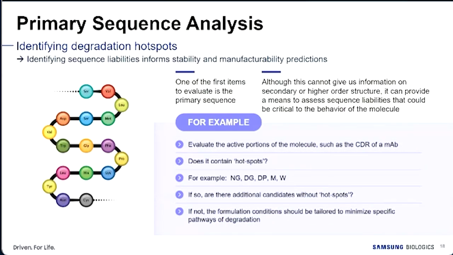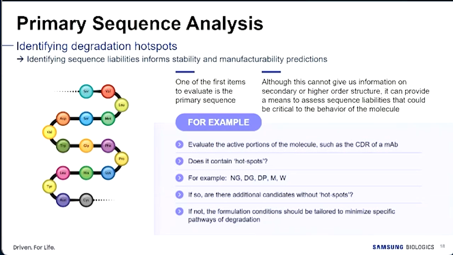I would like to present on sequence-based molecular assessment using in silico program in Samsung Biologics. One of the first steps in the DEVELOPICK 3.0 is the evaluation of primary sequence analysis to identify hotspots for degradation in the amino acid sequence.